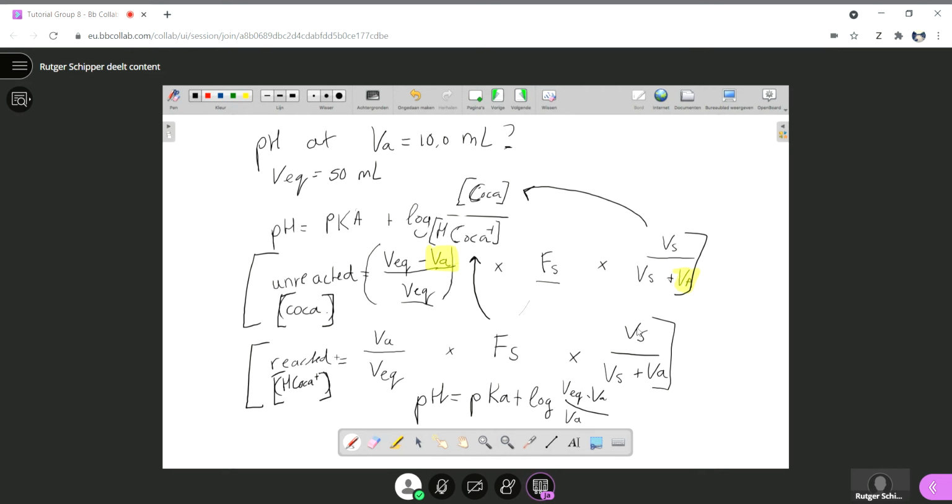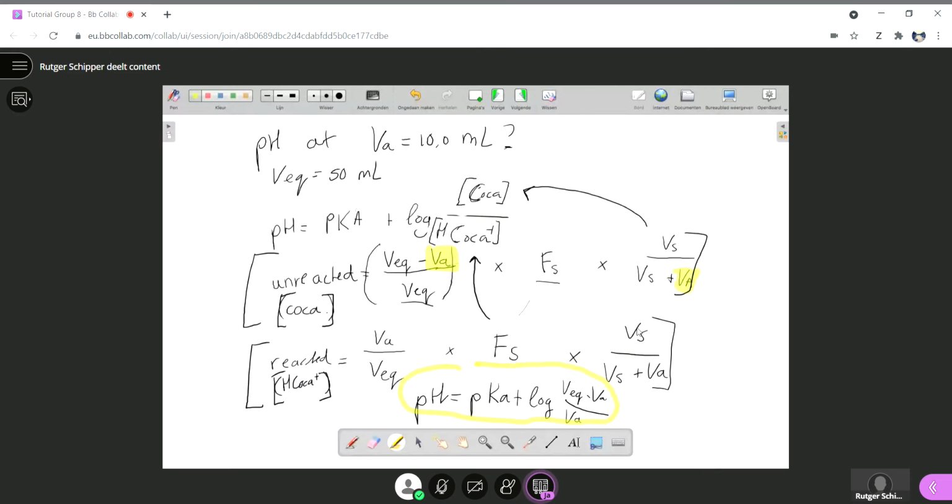That is because we can fill in the unreacted part into the numerator, and the reacted part into the denominator. A lot of numbers will get evened out, and the only thing that remains is this formula.